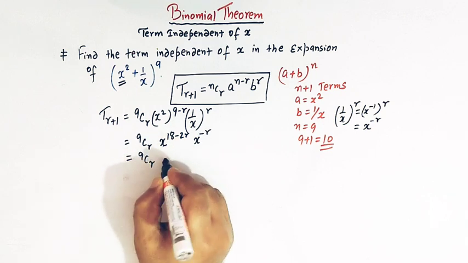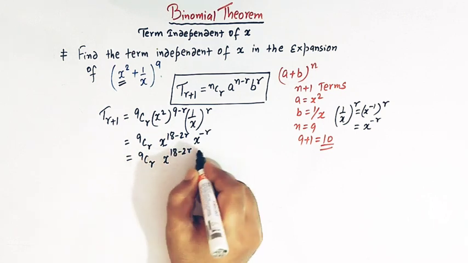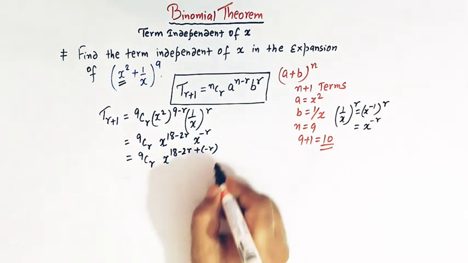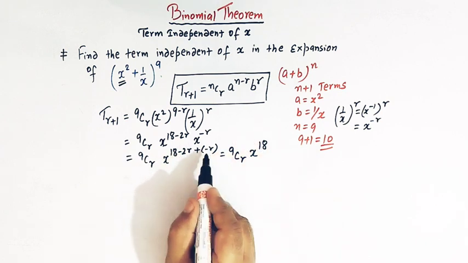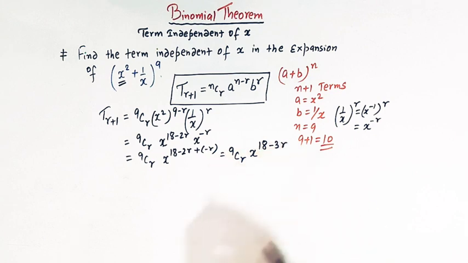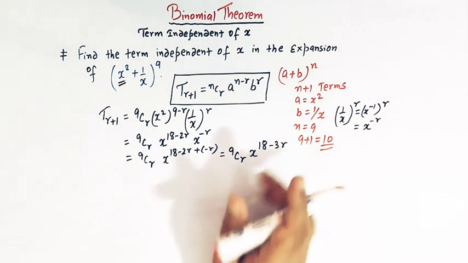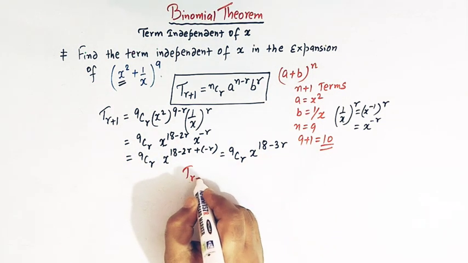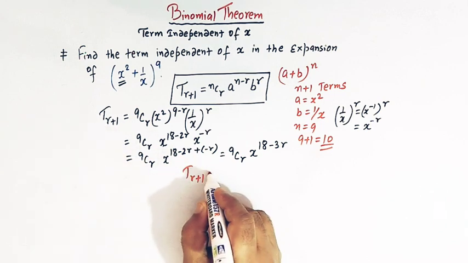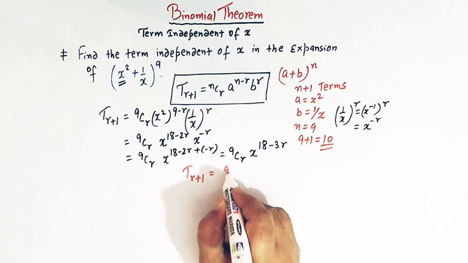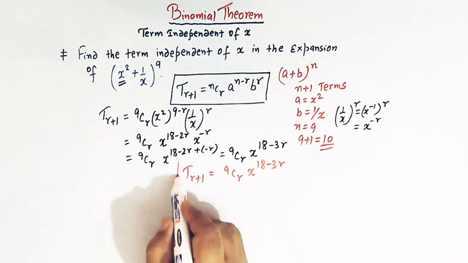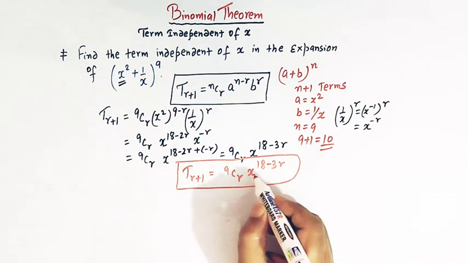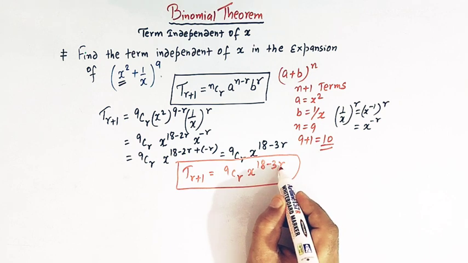We have 9Cr x^(18 − 2r − r), so this is 9Cr x^(18 − 3r). So T(r+1) is 9Cr x^(18 − 3r).